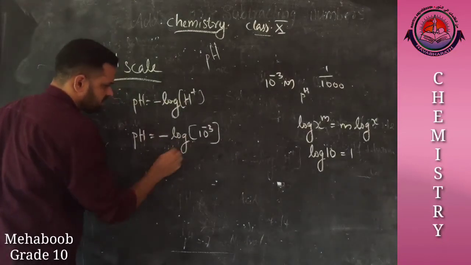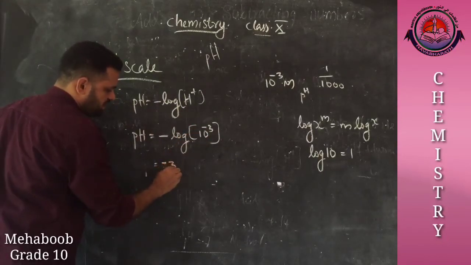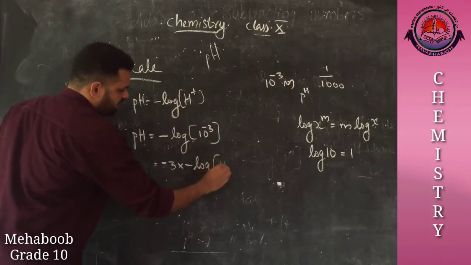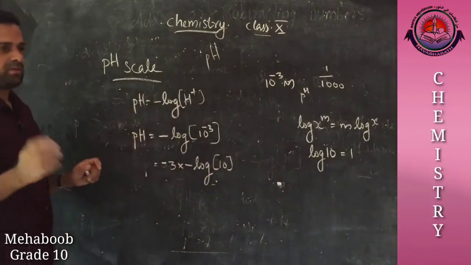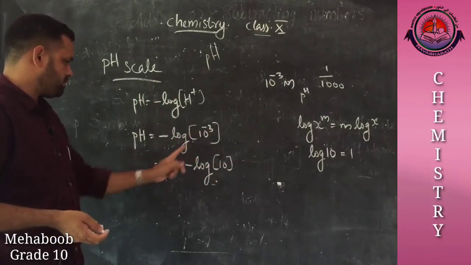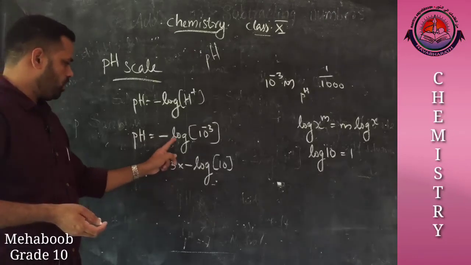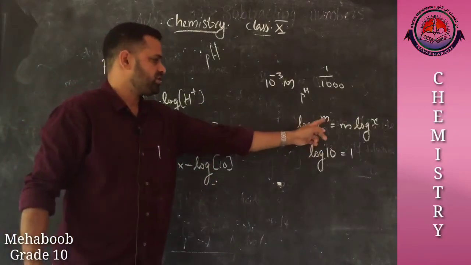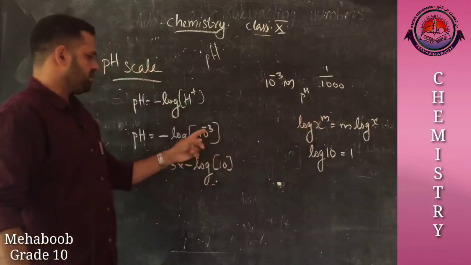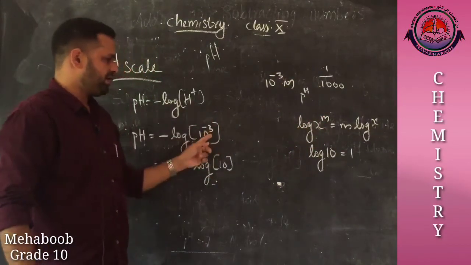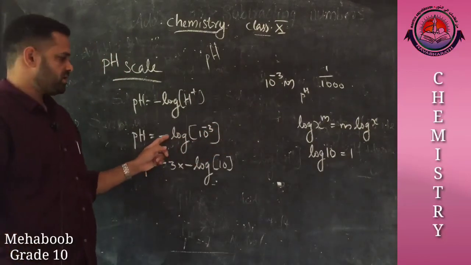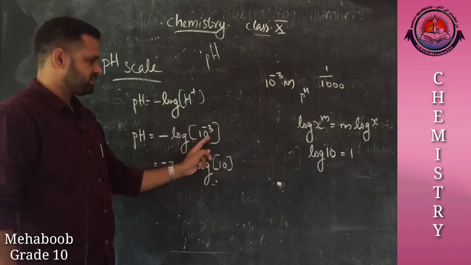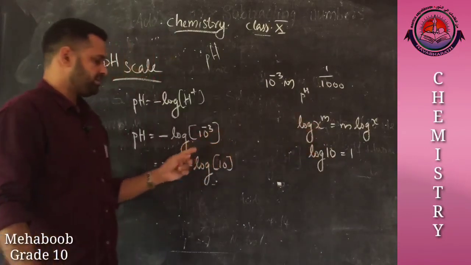So minus, here minus 3 into log 10, that is m log x, where m is minus 3. Already one minus is there. So minus 3 into minus log 10, the value of x here is 10.